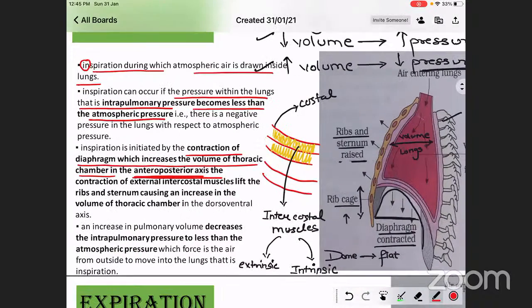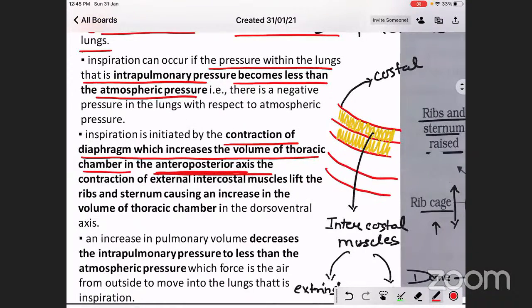Now these external intercostal muscles which are present between these ribs, if they contract, we all know that when a muscle contracts, each muscle fiber comes toward each other, it squeezes. So when the external intercostal muscle contracts, it will pull the ribs and the sternum toward itself, moving them toward the outside of the body.